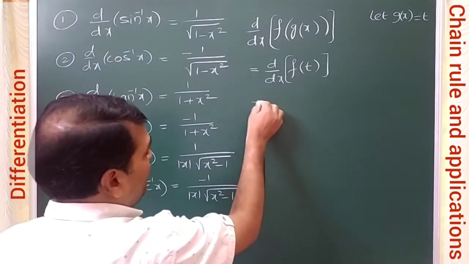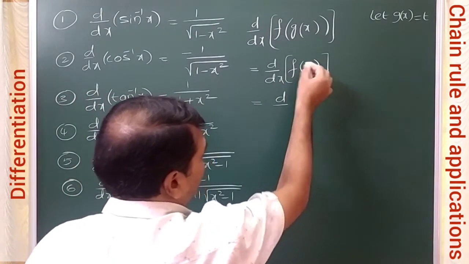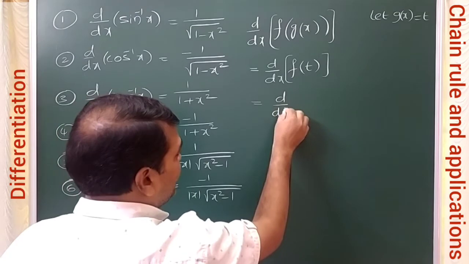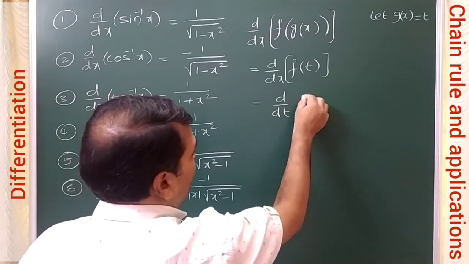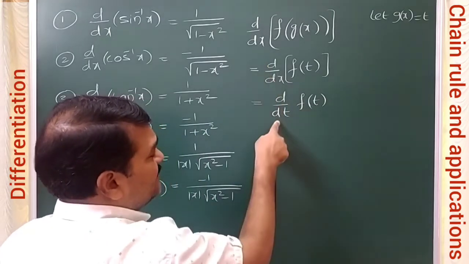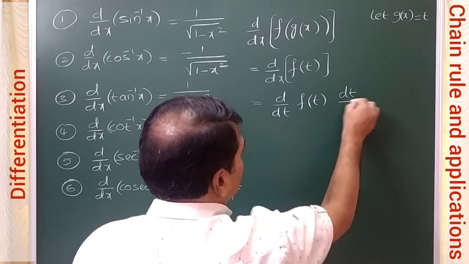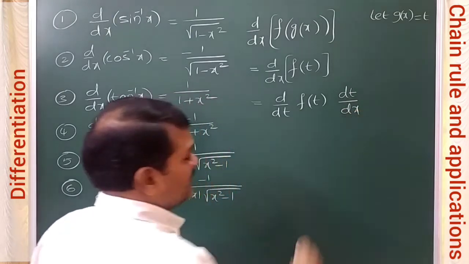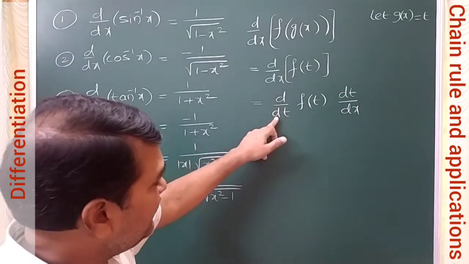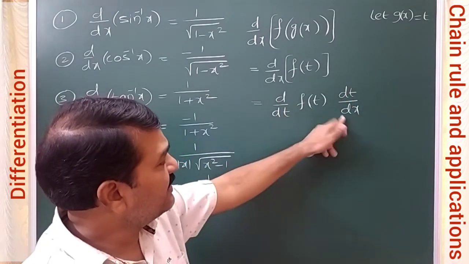Therefore, I will modify it like this. The function is in terms of t, so I will take d by dt of f of t instead of this. But to balance this, I will write dt by dx here. Is it balanced? See, d by dt, dt by dx. If you remove dt, you will get d by dx only.